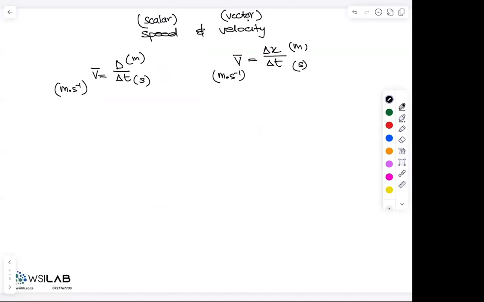Okay, so now we go back to the first example and modify it. If we start at A and go to B and then turn around, say this is 150 meters and we turn around 60 meters. There are two questions. The first one, what is our average speed?